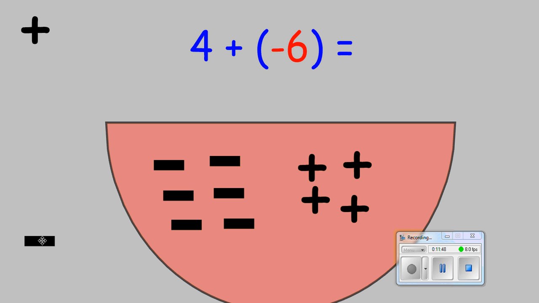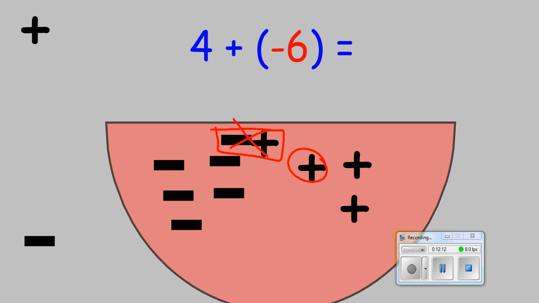Now, if you have a positive 1 and you have a negative 1, and you put those things together, you're going to end up with 0. This is called a 0 pair, because together a number and its opposite is going to equal 0. And we can just pretty much cross that out.